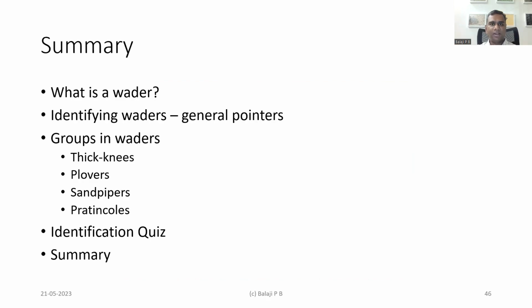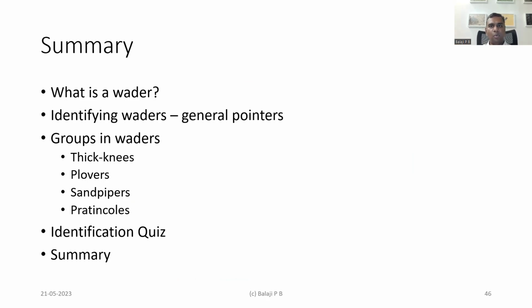So thanks all for participating in this quiz. I hope it was useful for you, because waders are a very challenging field. I know for sure that there are several birds that I haven't included in this list for the sake of simplicity. I didn't want to confuse you beyond a point.